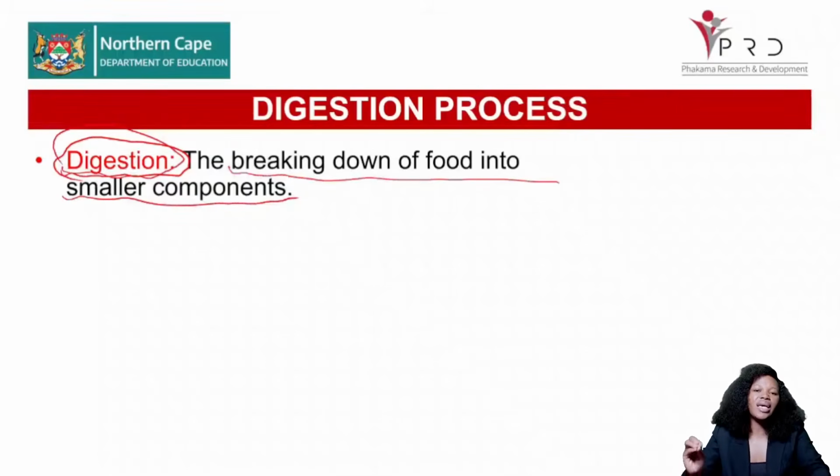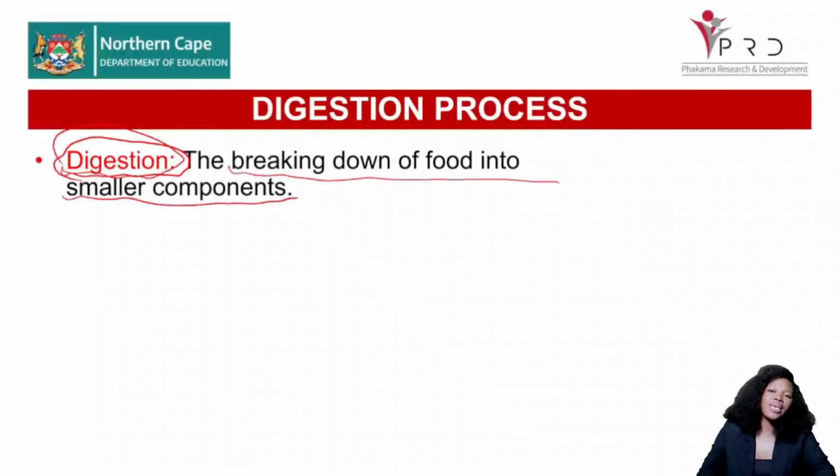And digestion takes place in the alimentary canal. It takes place in the digestive system of farm animals. Remember again, we said a digestive system has various organs, or various structures responsible for various functions, right? Now, digestion is the process of breaking down food particles from complex to simpler, from insoluble to soluble, from large into smaller.